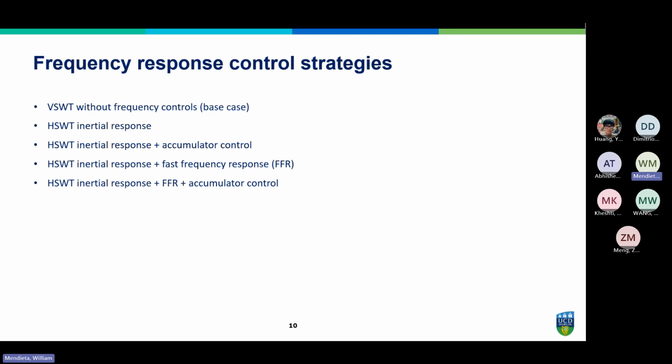Then a fast frequency response control loop is added to extract rotational energy from the turbine rotor and also to support the inertial response. And finally, in the last case, the accumulator and the fast frequency response are enabled to support the inertial response of the hydrostatic wind turbine.